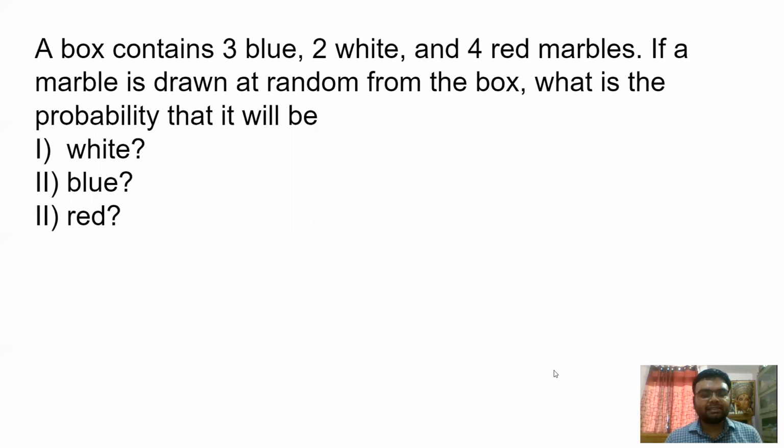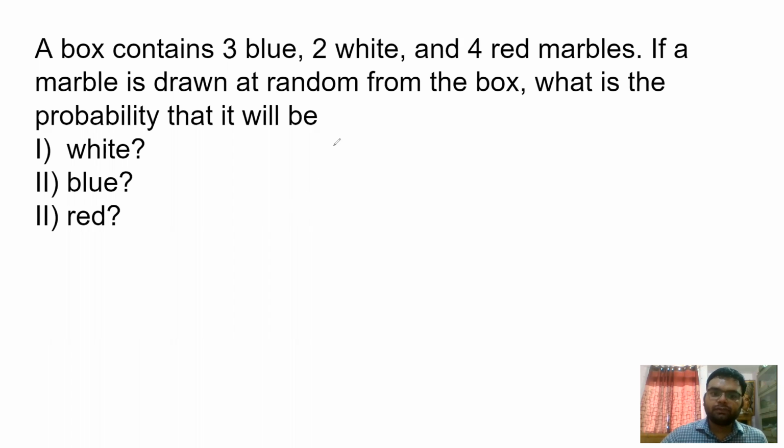Now suppose a box contains 3 blue, 2 white, and 4 red marbles. If a marble is drawn at random from the box, what is the probability that it will be white, blue, or red? You can see that the experiment is not performed, it is going to be performed, and our aim is to measure the chance of getting a white, blue, or a red.